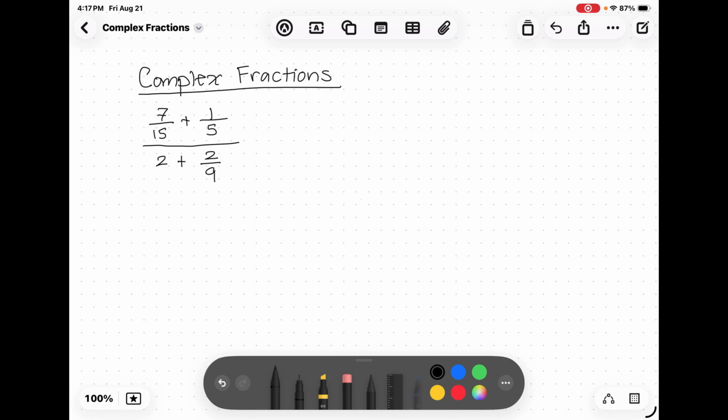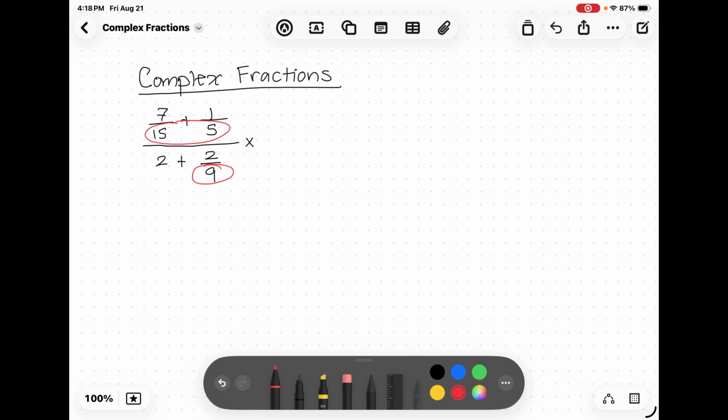Whenever I see a complex fraction, I want to get rid of the denominators. I want to multiply by some form of 1 that gets rid of the denominator. And the form of 1 that I'm going to multiply by is the least common multiple of the denominators. And by the denominators, I mean the 15, the 5, and the 9.